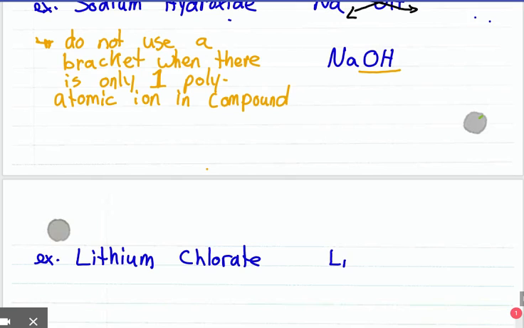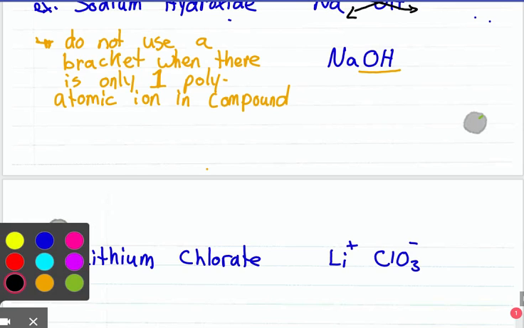So a super quick crisscross is showing that lithium has a charge of +1. And on our periodic table, our list of 8s, our chlorate has a charge of -1. So we're going to drop the signs and we're going to cross our numbers down. So this one is nice and easy, LiClO3. And again, we are not going to use a bracket because there is only one of the chlorates.